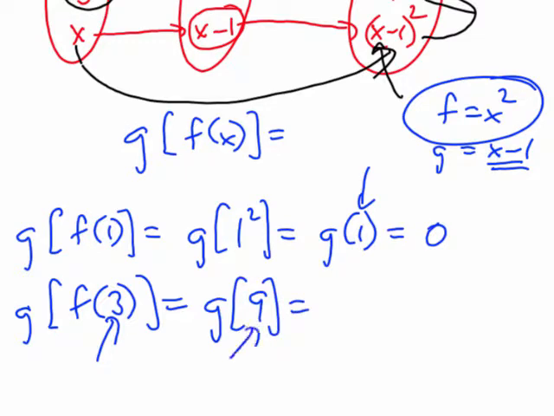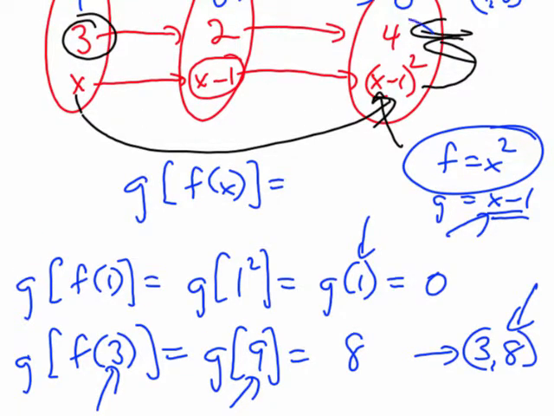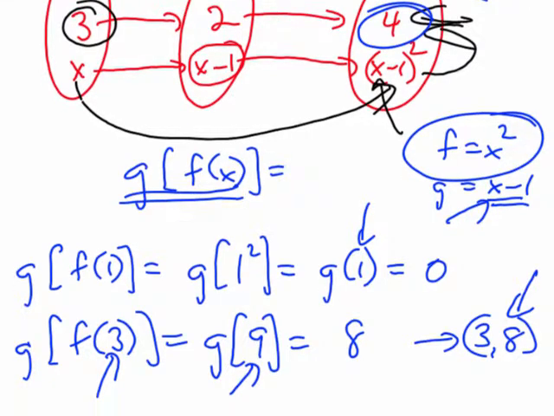We then put 9 into g, and we get 8. So our output point is (3, 8) on our new graph. You'll notice that we got a different result when we plugged in x equals 3 this time than we did before. In other words, the order in which we compose the two functions matters.